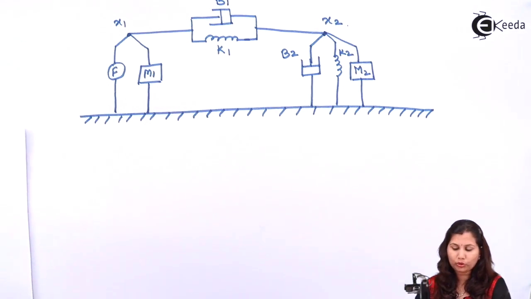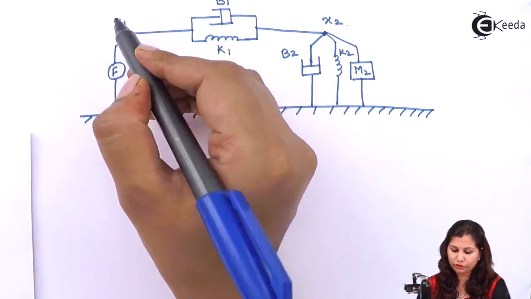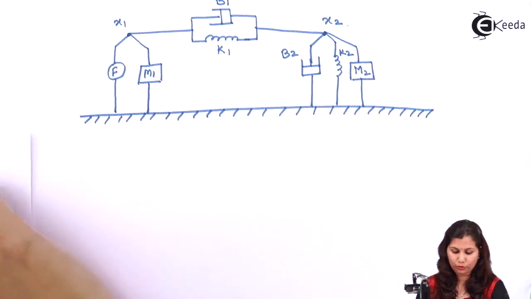Now through this nodal diagram we will write the nodal equations for both the nodes x1 and x2.